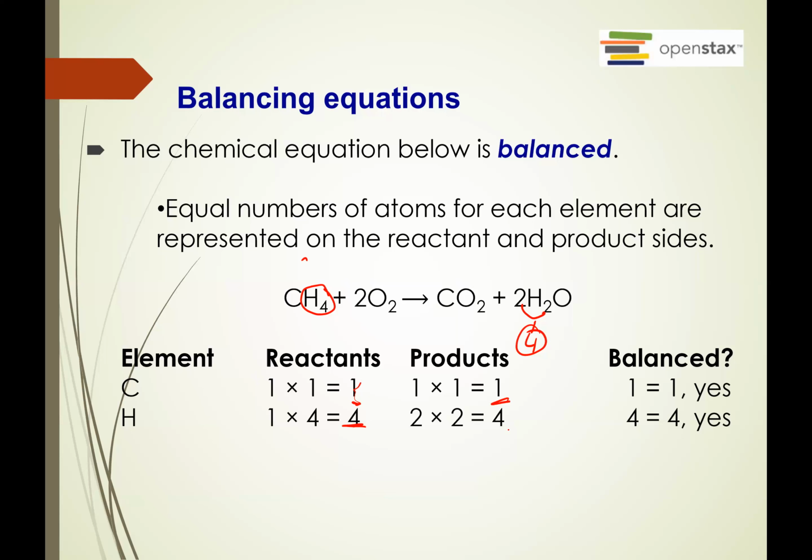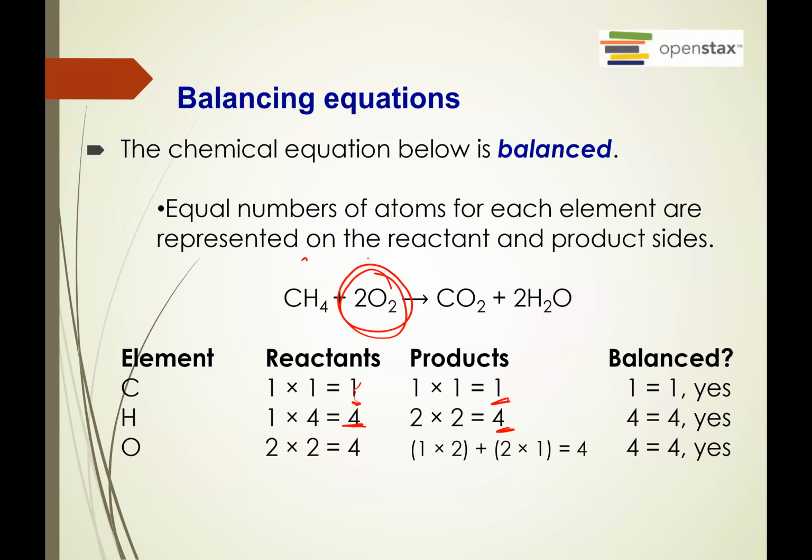So we have 4 hydrogens in the reactants and 4 hydrogens in the products. Now, if we look at oxygen, how many oxygens are in the reactants? 4, because 2 times 2 is 4. Now, if we look here, we have 2 oxygens, and then this distributes, so we have 2 plus 2 oxygens, which is a total of 4 oxygens in the products.